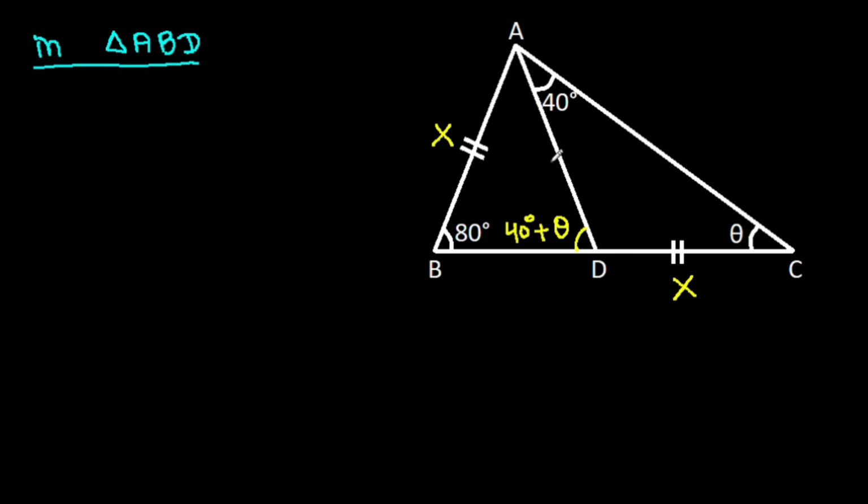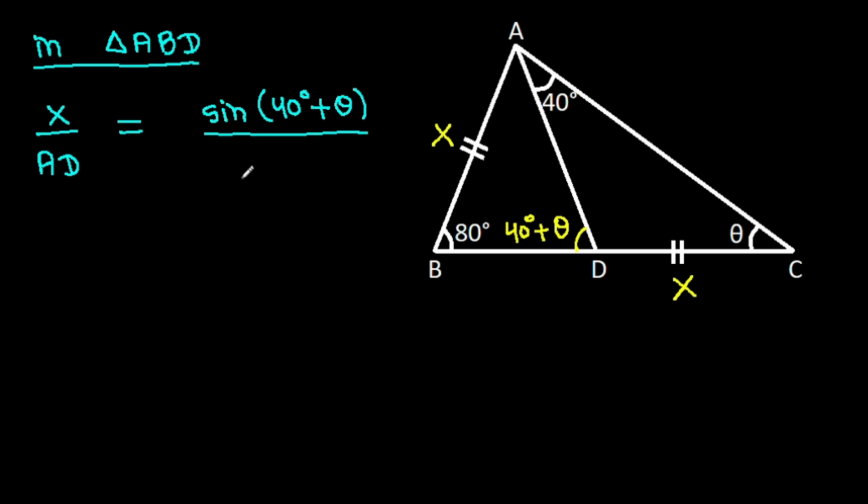X over AD will be equal to sin 40 degrees plus theta over sin 80 degrees.